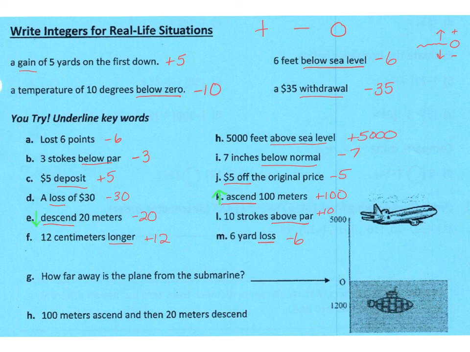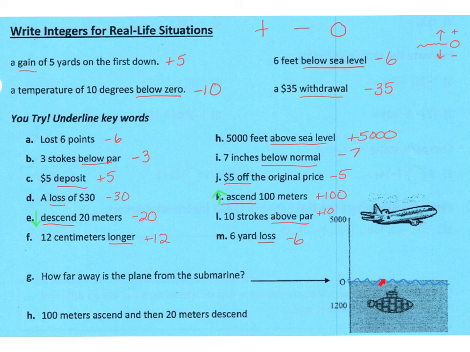The last couple questions at the bottom of your notes are going to involve the picture that I have over here on the side. So we actually have sea level, which is right here. It's where the water, and I know that's hard to tell that that's water, but that's water, meets the air. And you can see we have a submarine down here below sea level and an airplane in the air above sea level.